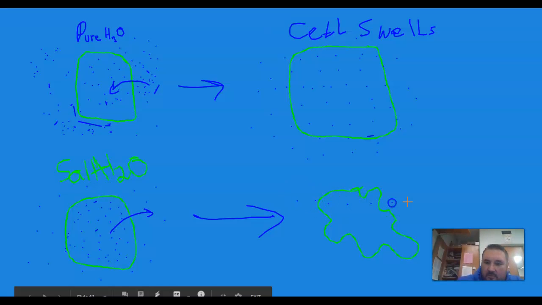But that water will balance out. And in some cases, you can even die if you take enough salt water. So the next time your mom or your dentist or your doctor tells you to gargle with salt water, it's to kill the bacteria that might be in there.